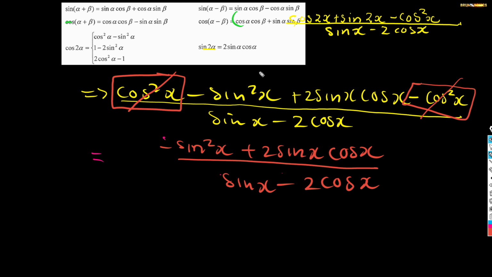So again, I'm going to take the common factor. Remember what we did previously. We've taken out the common factor. So this one will be our common factor again, negative sine x into, right, sine x, and then the plus 2 cos x.